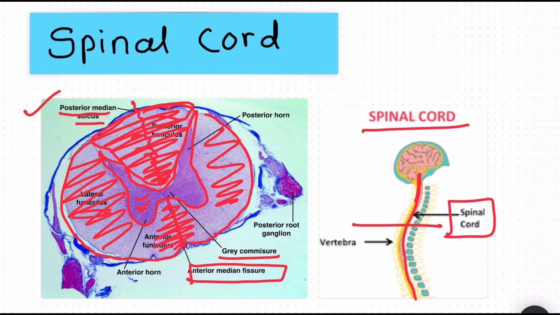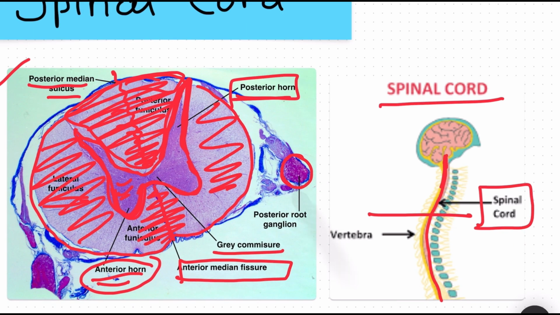Okay, this gray matter is divided into anterior horn, this one, and posterior horn, this one. The wings of the butterfly. Okay, posterior horn and anterior horn. Toward the outside of this spinal cord section, there are root ganglion cells, posterior root ganglion cells.